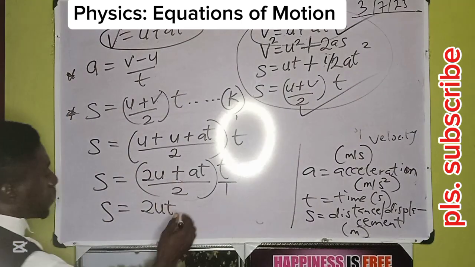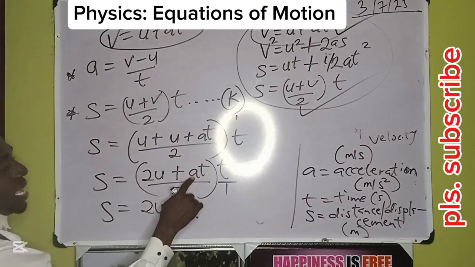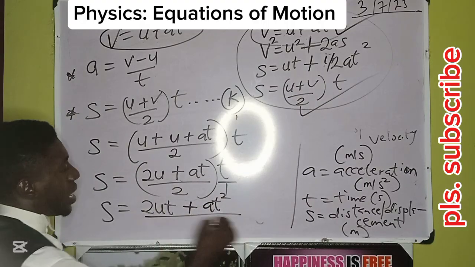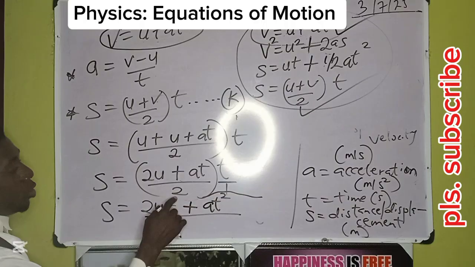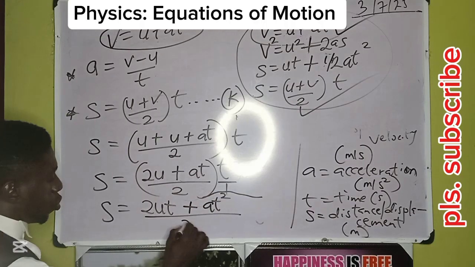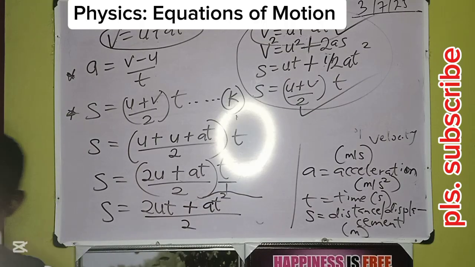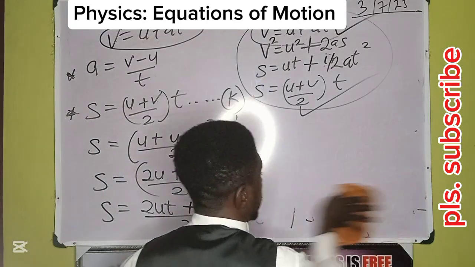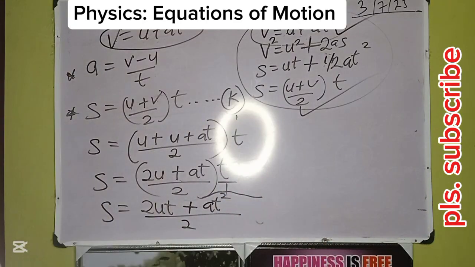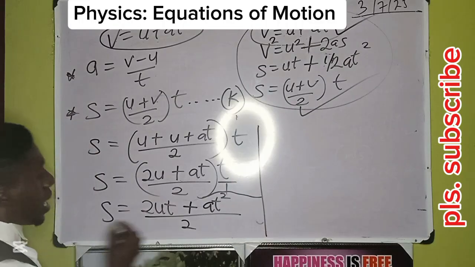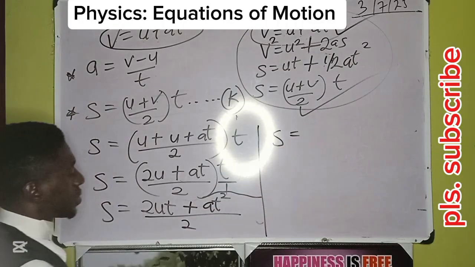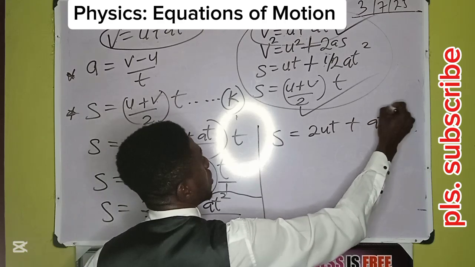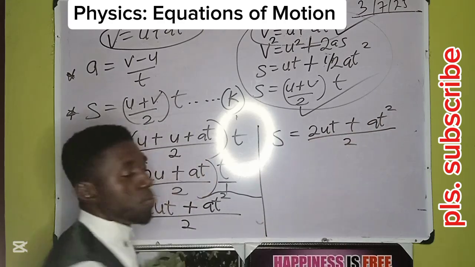Okay, plus times plus, plus. At times t, at squared, over 2 times 1, 2. We now have s is equal to 2ut plus at squared all over 2.